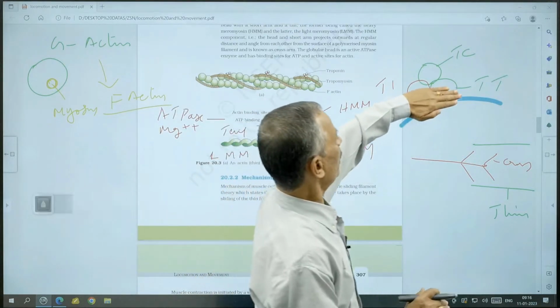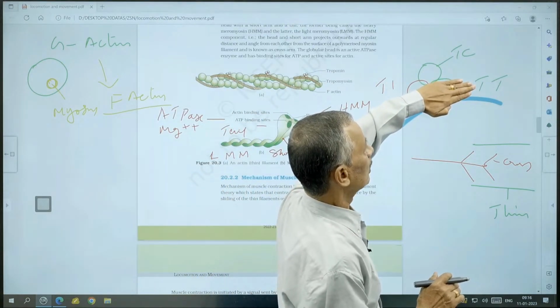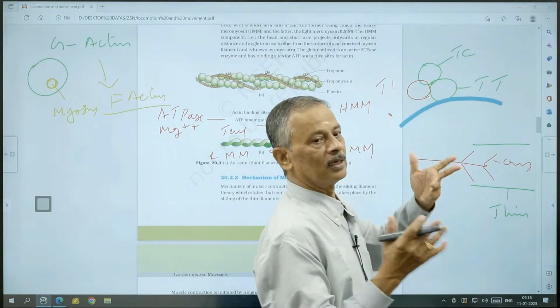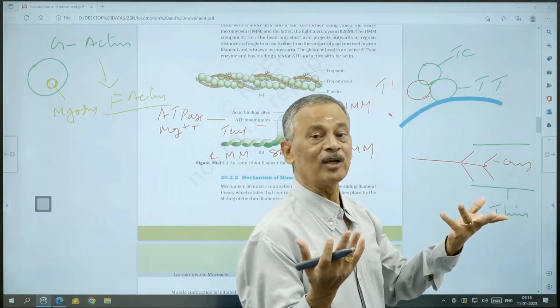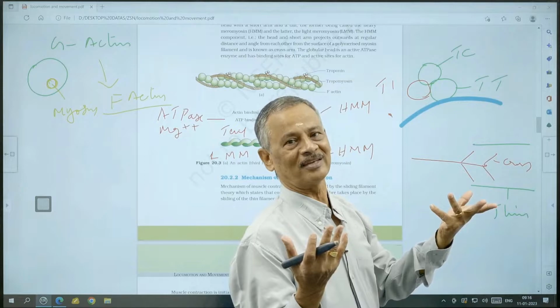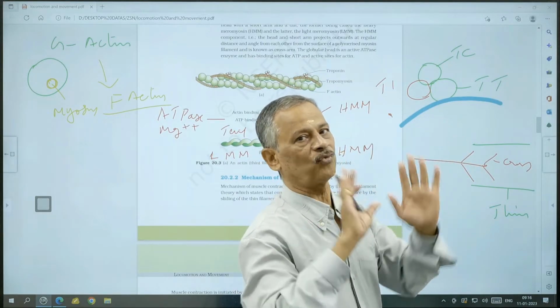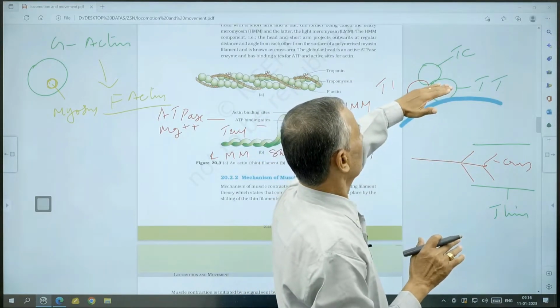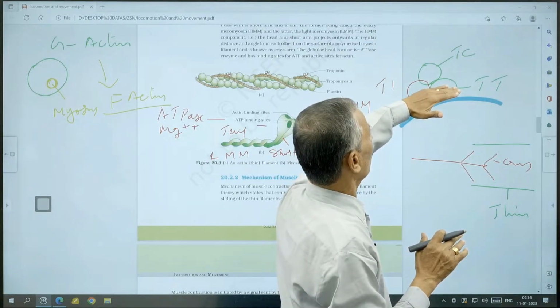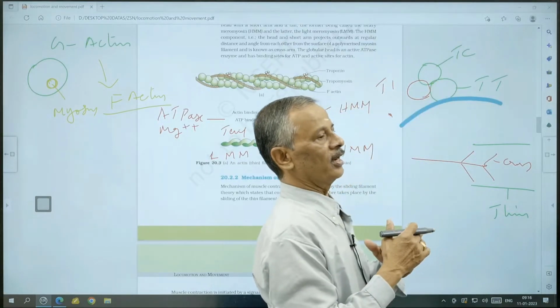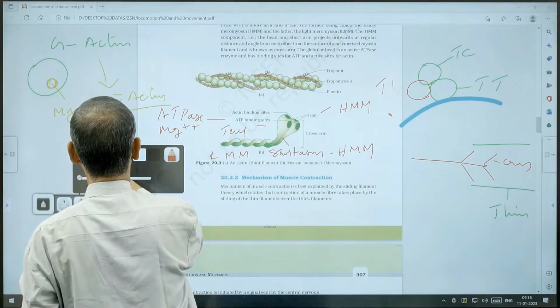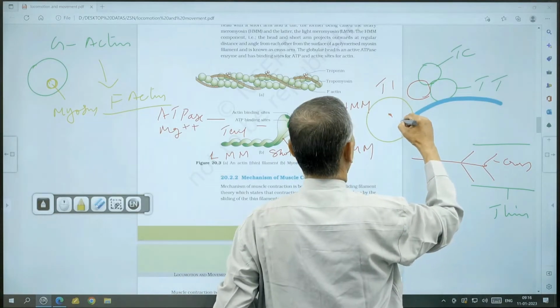When tropomyosin comes and closes that site, the head of the myosin cannot attach. A cross bridge is not formed. But when the tropomyosin goes away from that, I will show you how it is. Now, I think you can understand it.